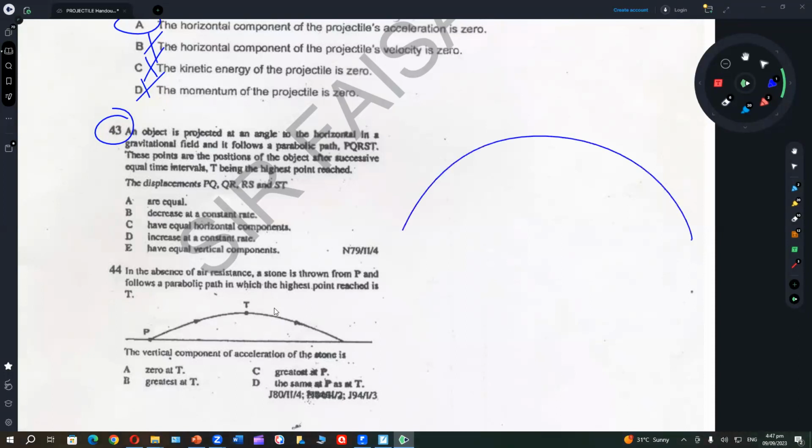A parabolic path is like this. P, Q, R, S, T, these points are the positions of the object after successive equal time intervals, T being the highest point reached.